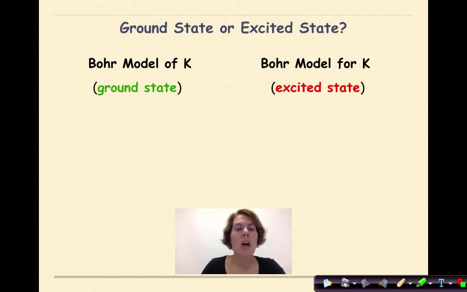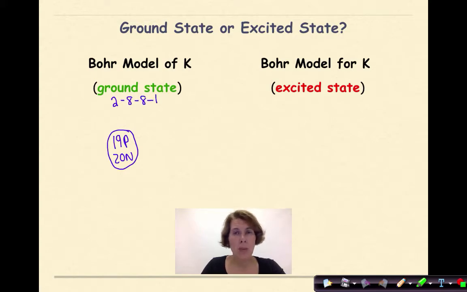Let's look at a Bohr model of potassium in the ground state versus a Bohr model of potassium in the excited state. We know that in the nucleus of potassium, we're going to have 19 protons and 20 neutrons, and that is in our nucleus. We also know that the ground state electron configuration for potassium is 2-8-8-1.